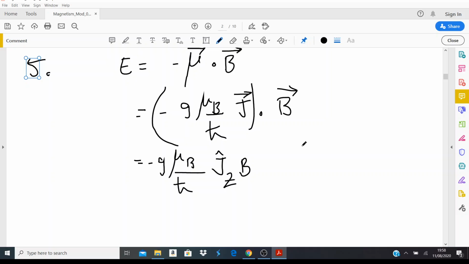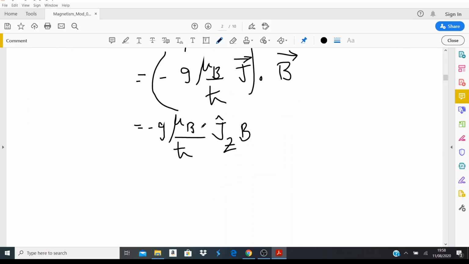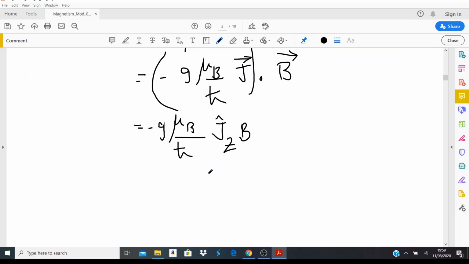And that's an operator, the energy operator for the magnetic moment, and that's how you express the operator.